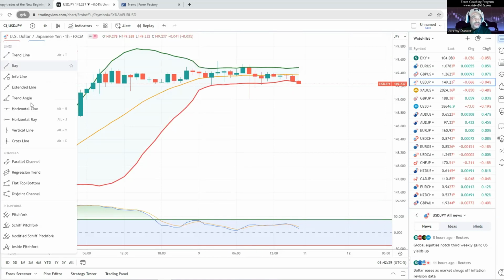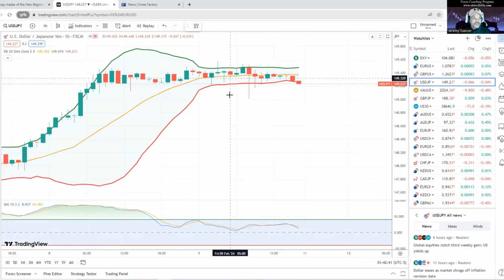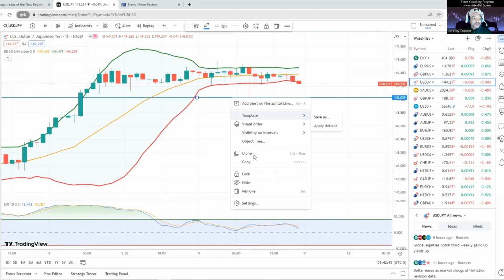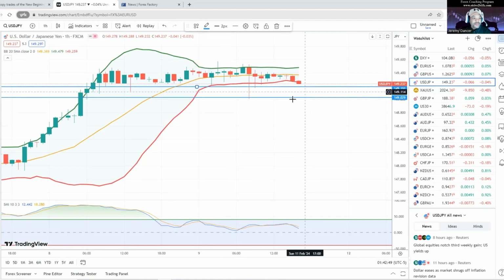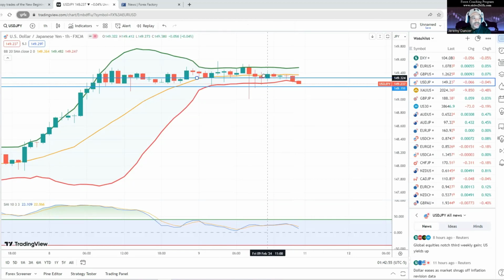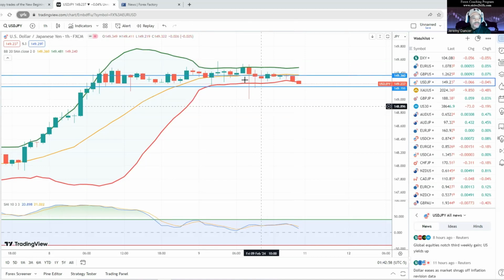If we put a line here, and then we'll just clone. From there is a strong demand zone, and then you also have a lot of demand as well between those two lines. And you also have a strong support zone as well.